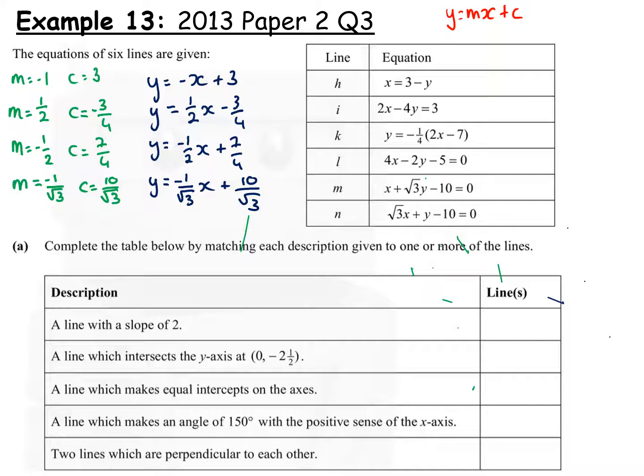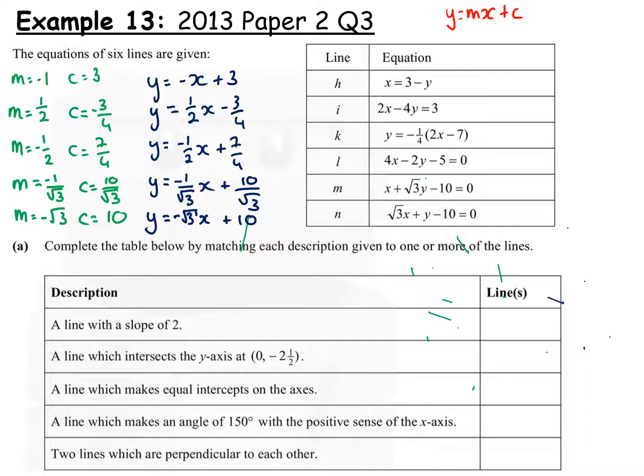And then the last one will be y equals minus root 3 x plus 10. So that's c, oh, that should be m. m equals minus root 3 and c equals 10.